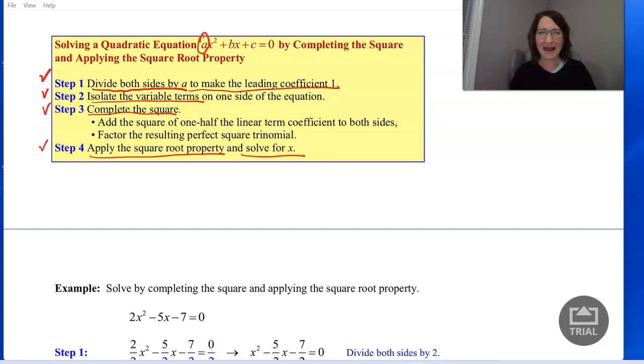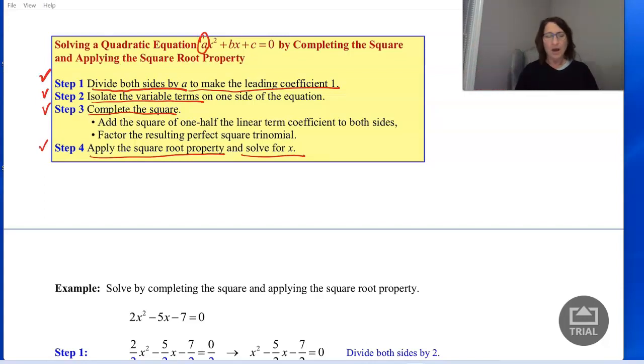After we complete the square, we're going to have a quantity in parentheses raised to the second power equal to a number. That's the format you need in order to take the square root of both sides and solve your equation.